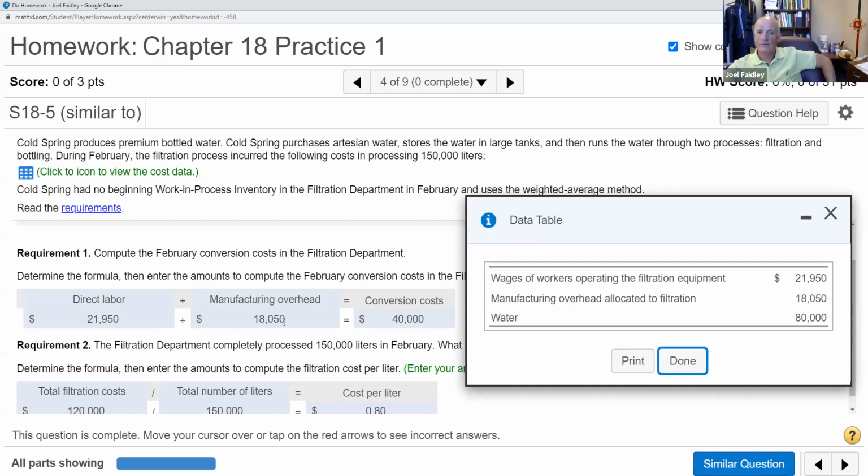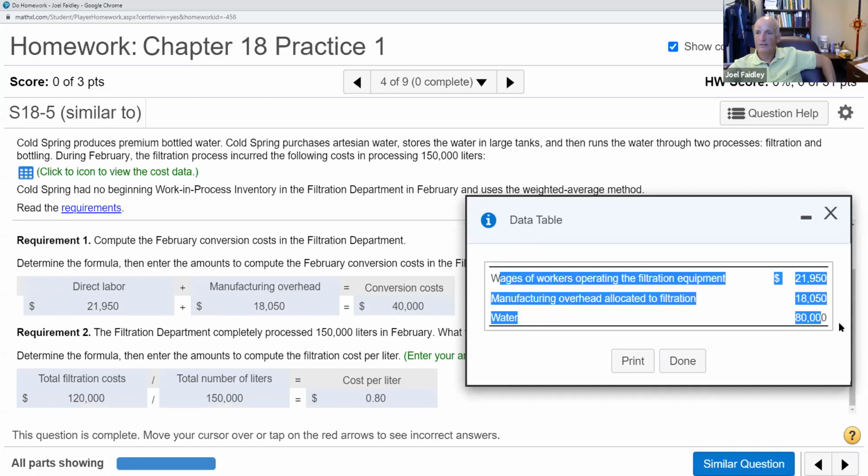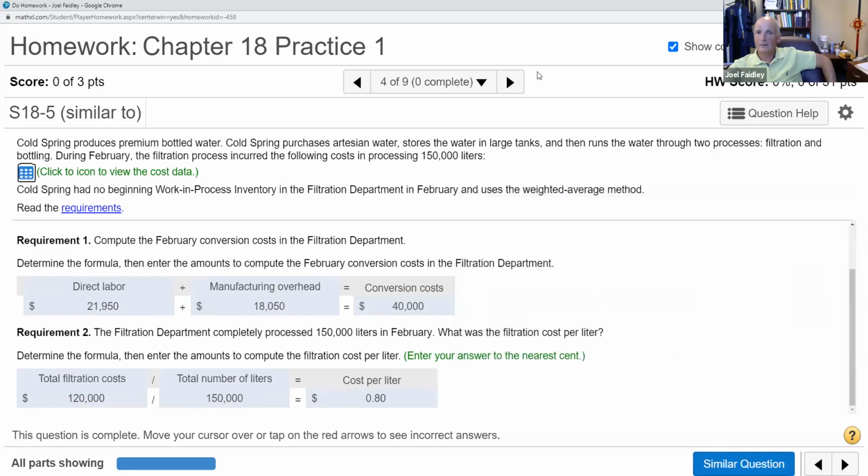All right, direct labor plus overhead is conversion cost of 40,000. What's my filtration cost? Well, it's all this added together, which is $120,000, isn't it? Divided by 150,000 gallons, it's 80 cents. All right, very straightforward. 2 departments, filtration and bottling. But here we're just doing filtration. Number 5.